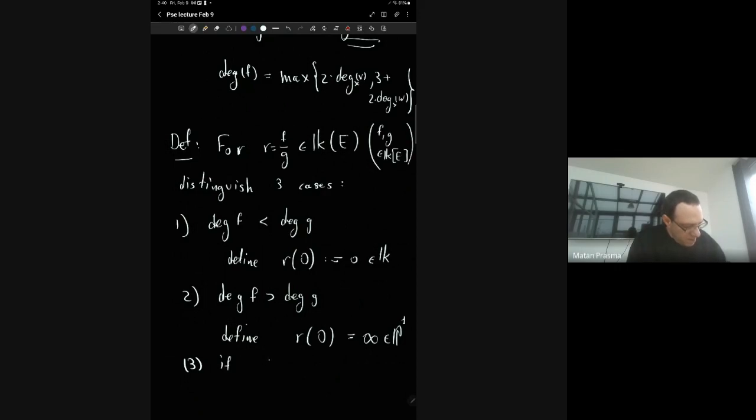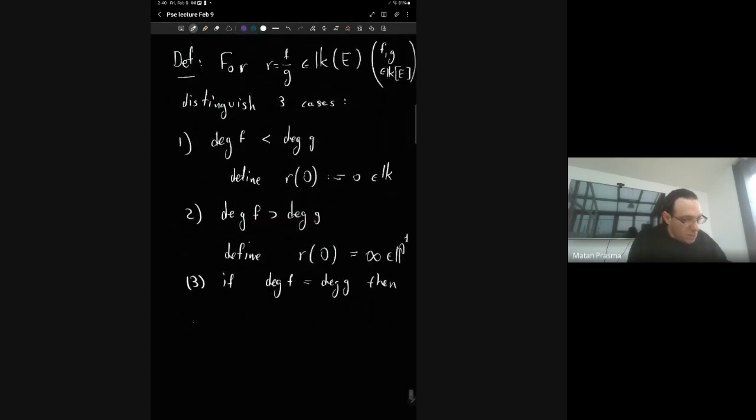If the degree of f is equal to the degree of g, then I need to distinguish between 2 cases.